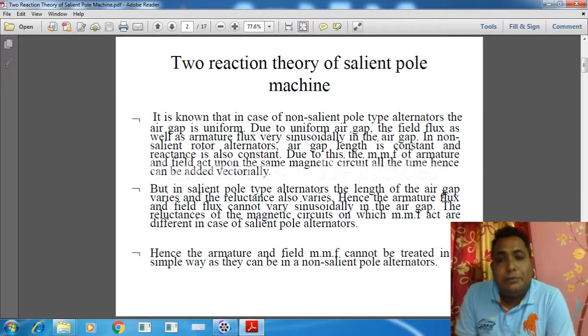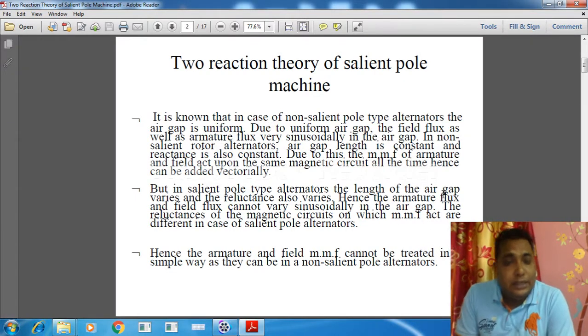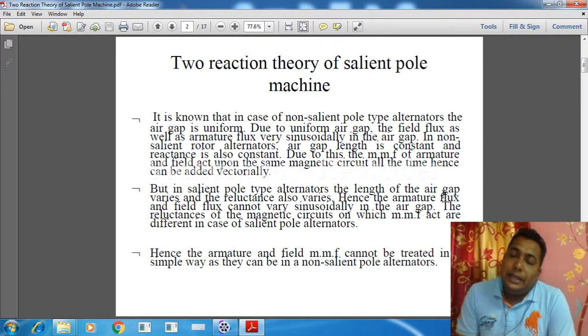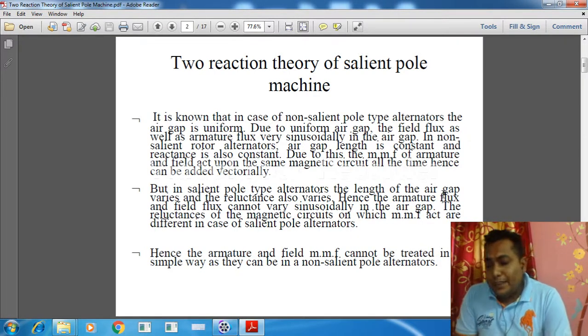Due to the uniform air gap, field flux as well as armature flux vary sinusoidally in the air gap. In non-salient pole alternators, air gap length is constant and reactance is also constant. Due to this, the MMF of the armature and field act upon the same magnetic circuit all the time, hence can be added vectorially. That means what?